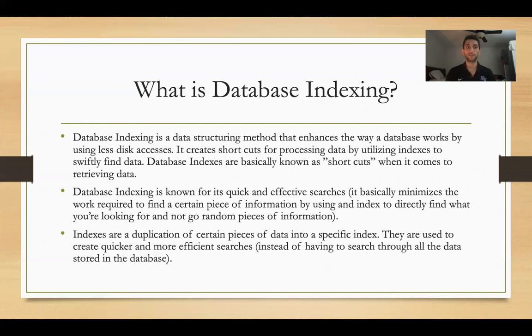This helps the database work a lot quicker because it goes directly to what you're looking for instead of, like I said, going through all the information that is stored in the database to find what you need, which ultimately creates more efficient ways of searching.